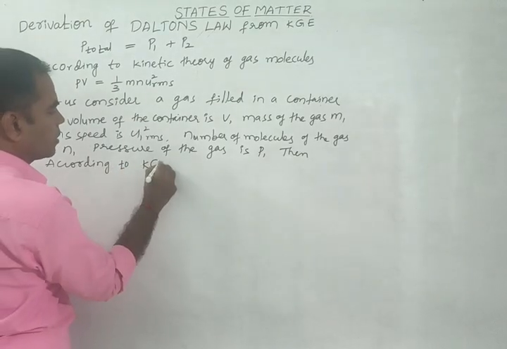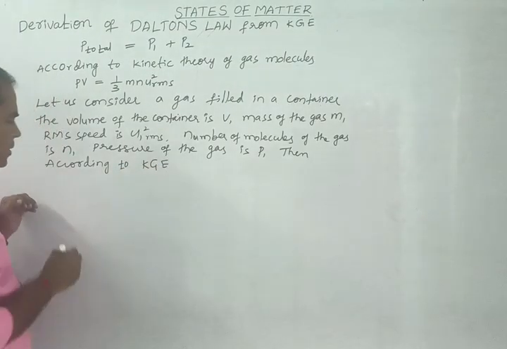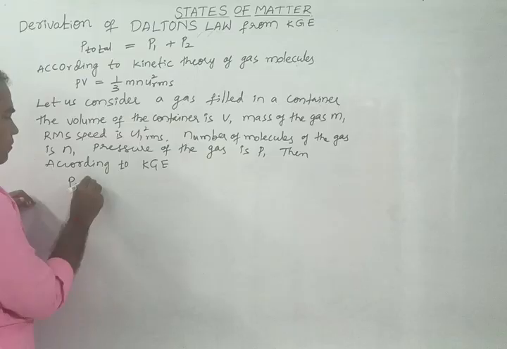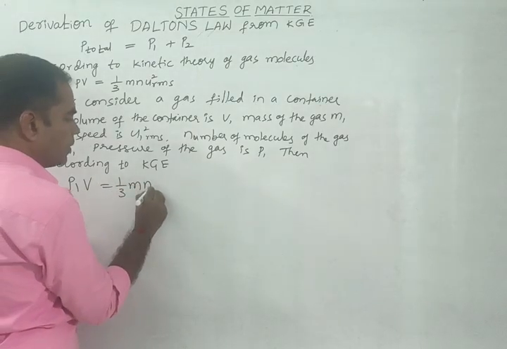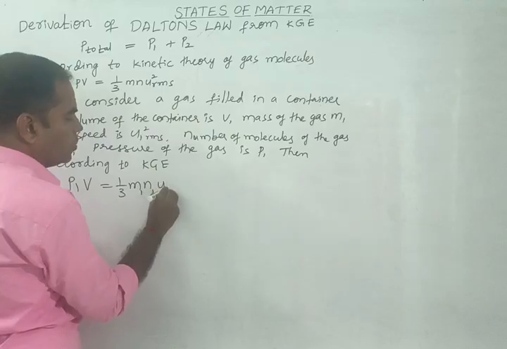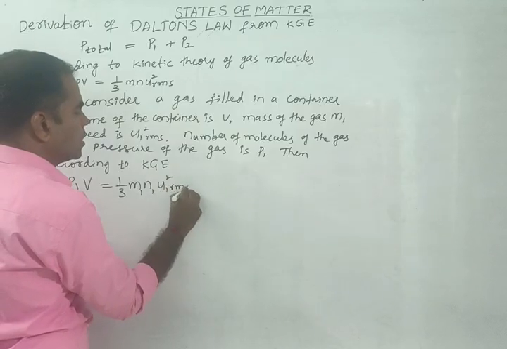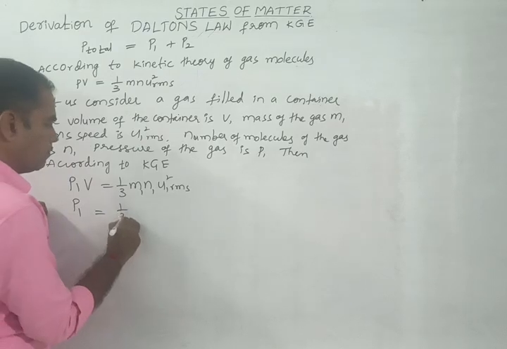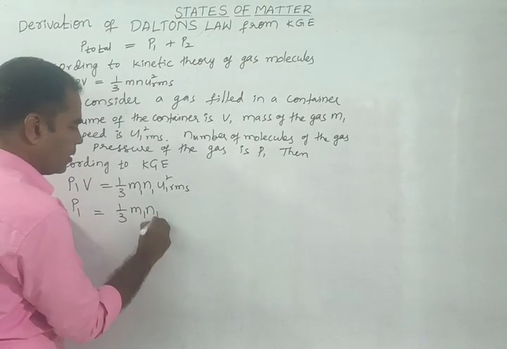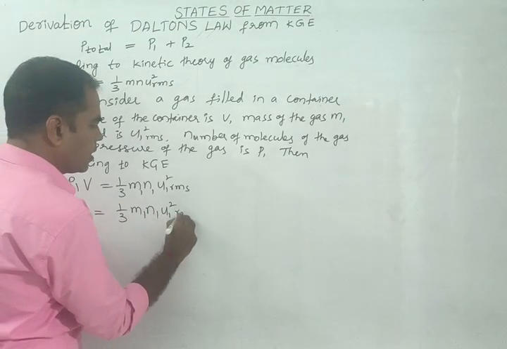Then according to the kinetic gas equation, P1V equals 1 by 3 M1 N1 U1 square RMS.